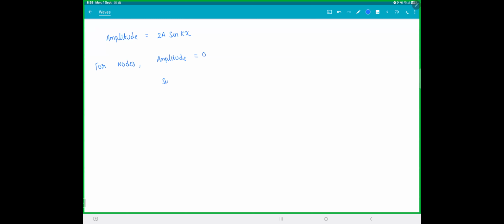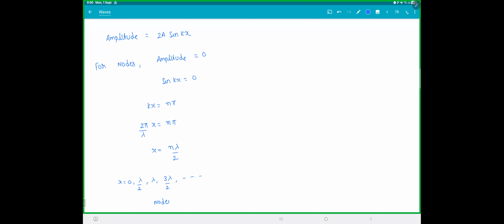That means sine kx is 0. That means kx will be equal to n pi. K is 2 pi by lambda, so x is equal to n lambda by 2. If you put n as 0, 1, 2, 3, you will get x as 0, lambda by 2, lambda, 3 lambda by 2, and so on. These are the nodes.